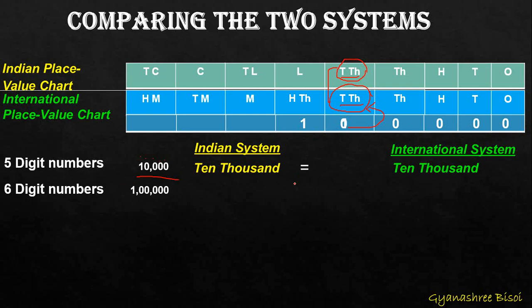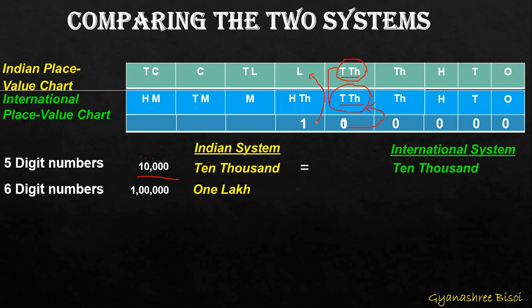Now, how will you read this number according to the Indian place value? See, it's a 6-digit number, so the highest place according to the Indian place value is the lakhs place. At the lakhs place, the digit is 1. So you will read it as 1 lakh.